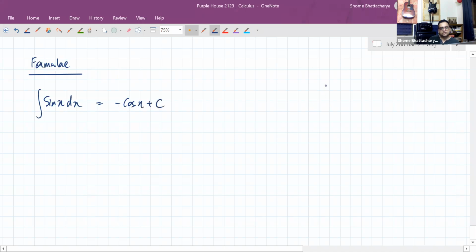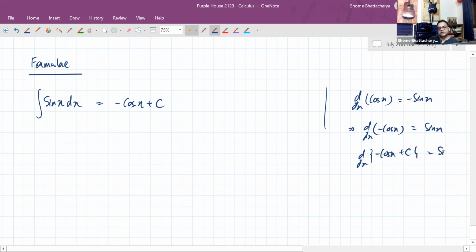Whereas you remember that differentiation of cos x was minus sin x. So that is why differentiation of minus cos x will be plus sin x.